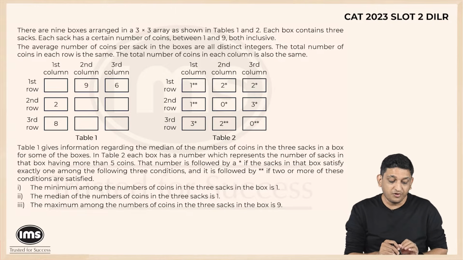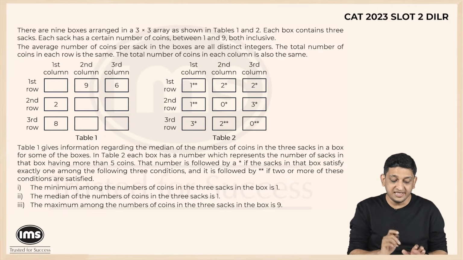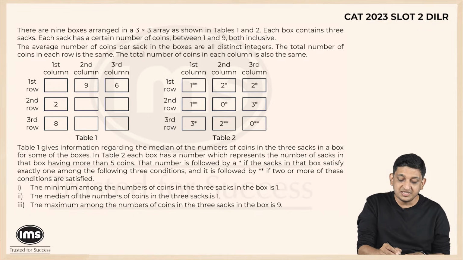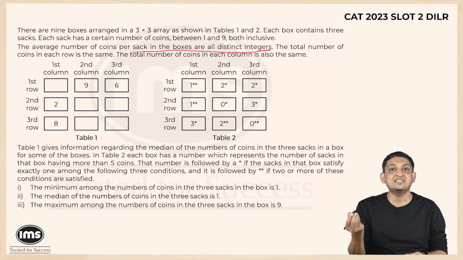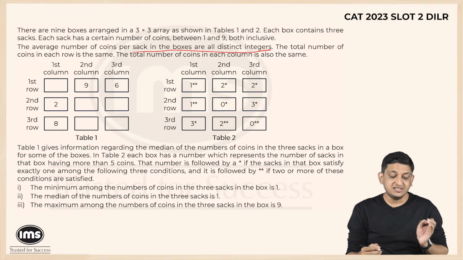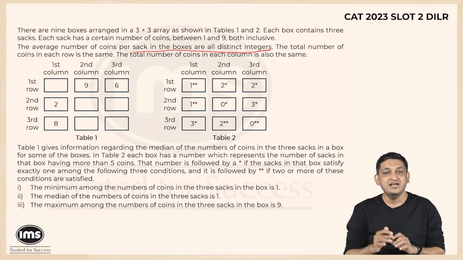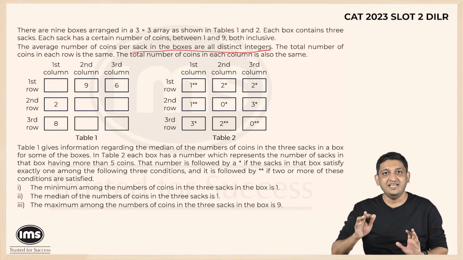So that is what we know. The total number of coins in each row is the same. The total number of coins in each column is also the same. And the average number of coins per sack in the boxes are all distinct integers. Very, very important, right? We know that each sack has a certain number of coins between 1 and 9. I know for sure that there will be some box which will have 1, 1, 1. There will be some box that will have 9, 9, 9.